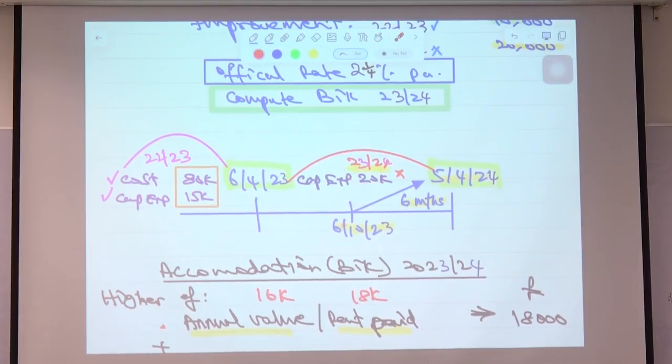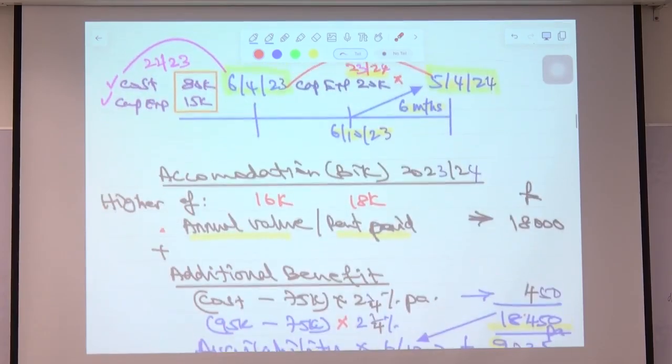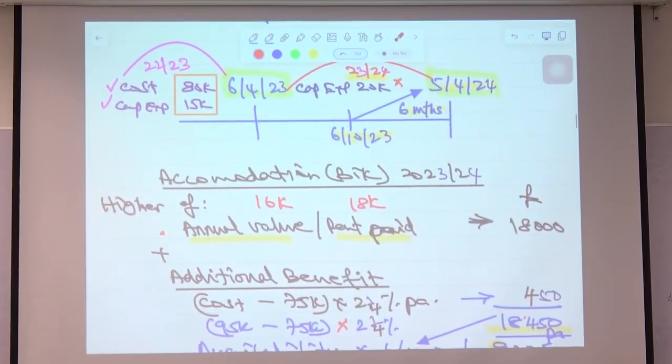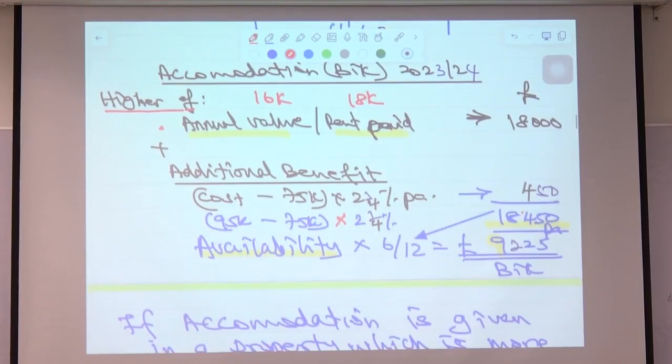But note the point, the accommodation was given here for 6 months. So how to work out? Watch. Annual value or rent paid. This is the figure, the higher of. Additional, okay.